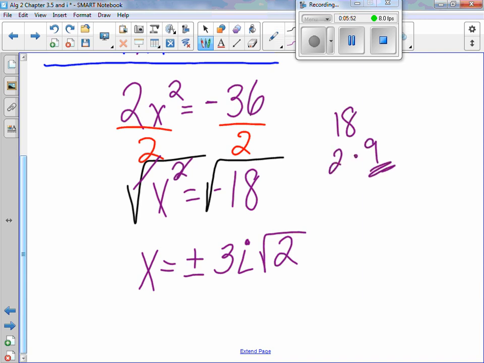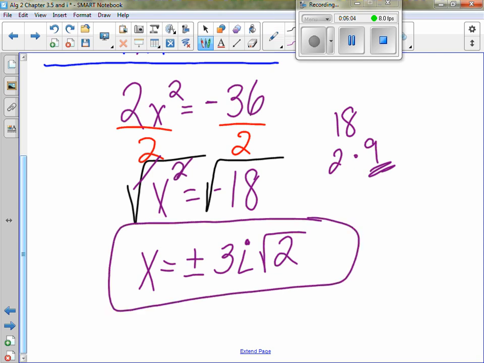And I picked that because 9 is a perfect square. The square root of 9 would be 3, which leaves us with 2 left over. Or we can pull the i term out and just take the square root of 18 in that TI-30XS, and it'll do it also.